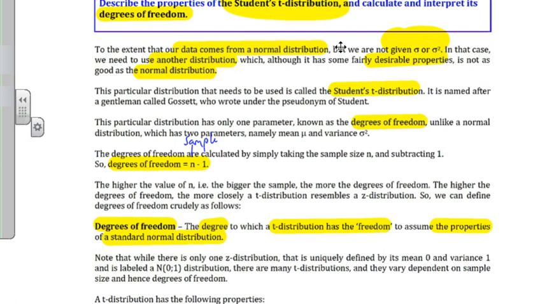Because I don't know the standard deviation of my population, I cannot make use of the normal distribution, so I've got to go for another distribution. But I want my new distribution to have the freedom to be like the normal distribution. I use these things called degrees of freedom. Everybody comfortable?